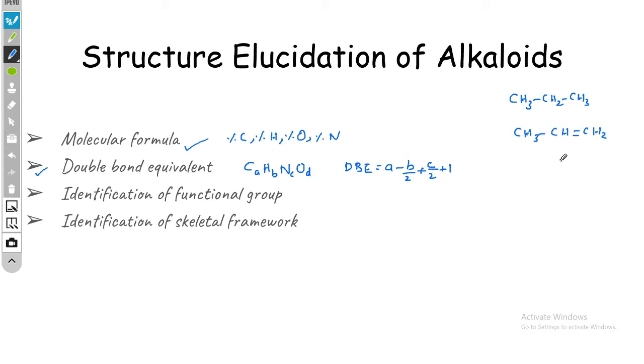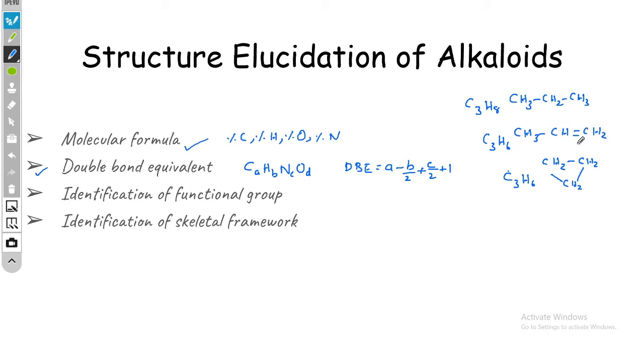Then its cyclic form, cyclopropane, with CH2 CH2 CH2. If we write the molecular formula, propane is C3H8, this is C3H6, and this is also C3H6. From these we can see that there is a loss of two hydrogen atoms.